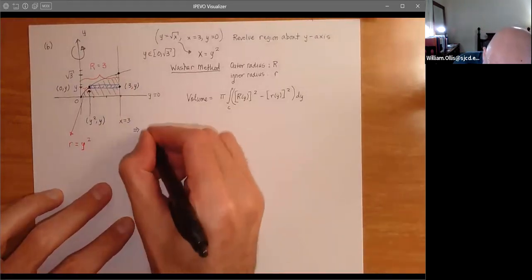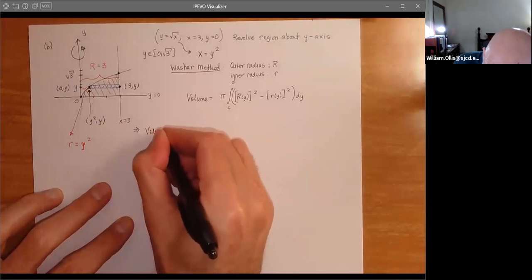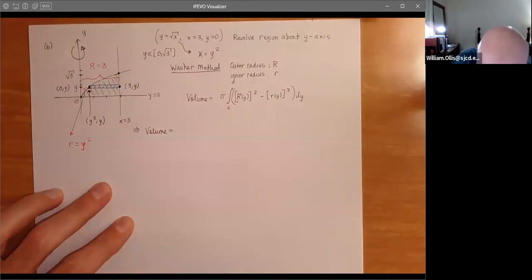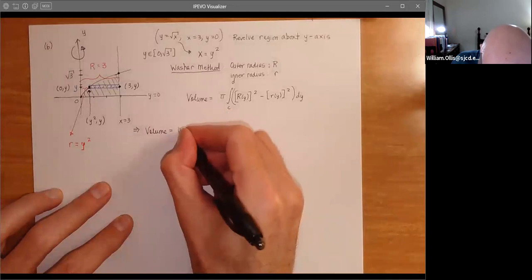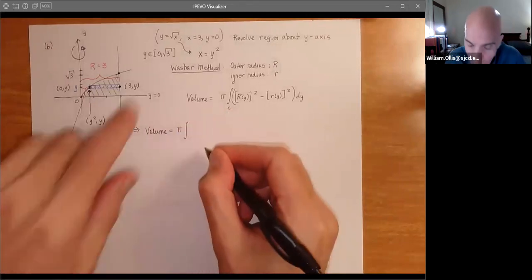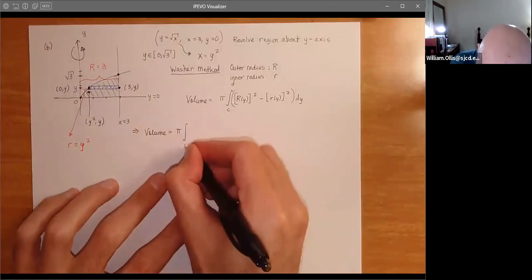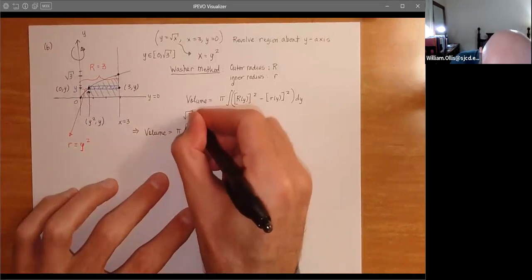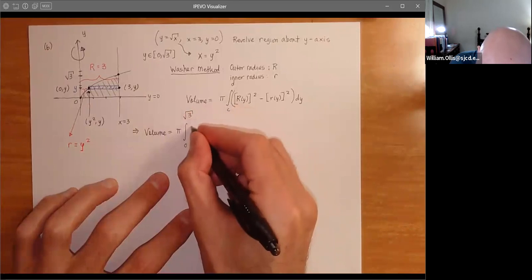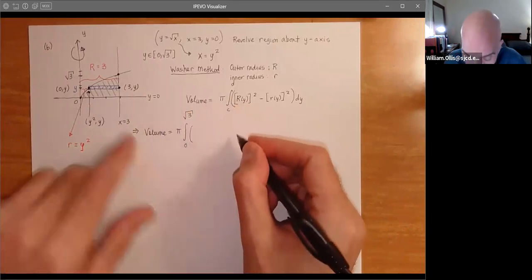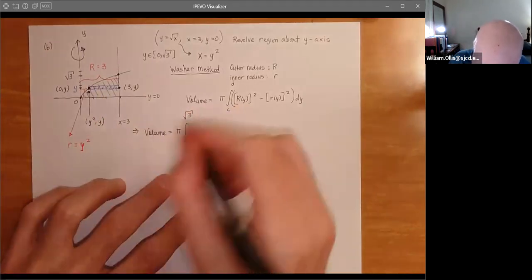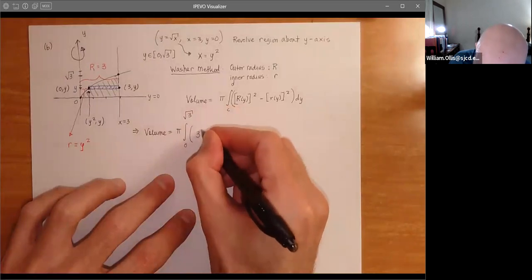So now let's fill everything in. So this implies that our volume, and so we have our pi, and we have our interval of integration, which is 0 to root 3. And we can go ahead and square everything. So the outer radius we have is r is 3, so we get 3 squared.